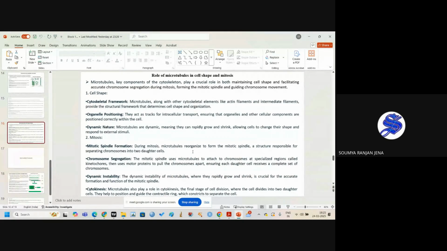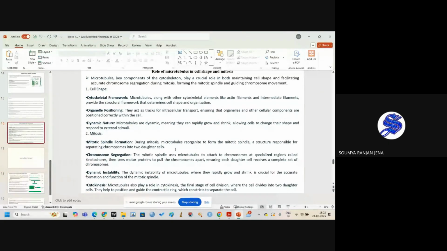This is a very important point we describe during the process of cell division, because there is a checkpoint called the spindle assembly checkpoint. We'll discuss it during the cell cycle. By the help of this mitotic spindle, a structure responsible for separating the chromosomes, we check whether the chromosomes are properly separated or not into two different daughter nuclei.